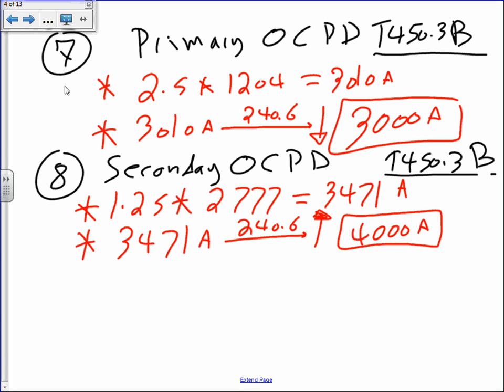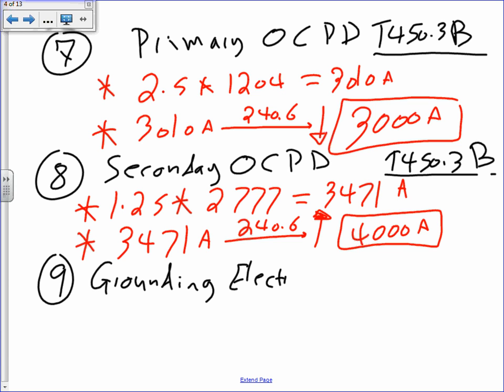Number 9, grounding electrode conductor, aka the grounding electrode conductor, right? Any question guys about the fuses?